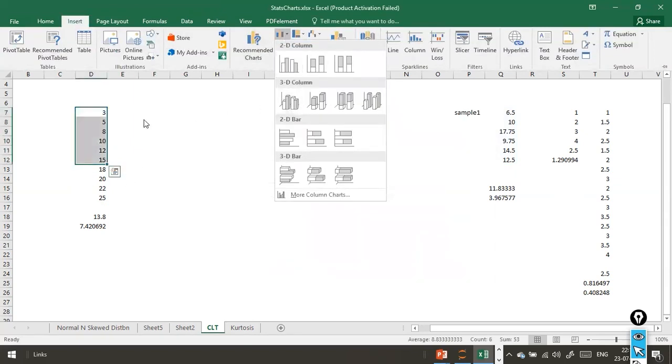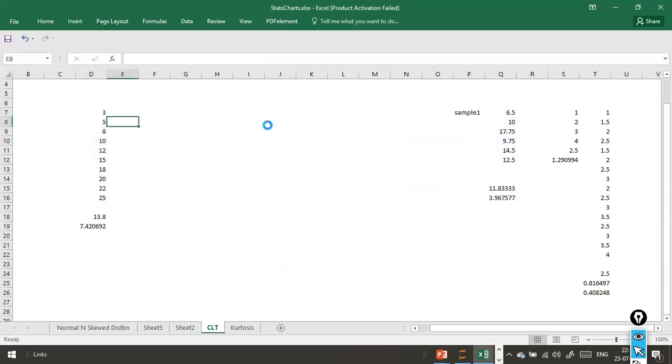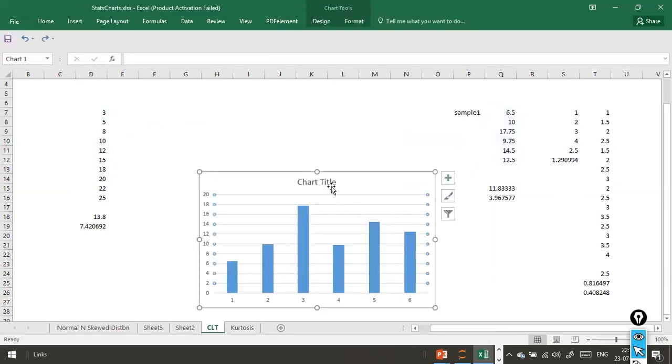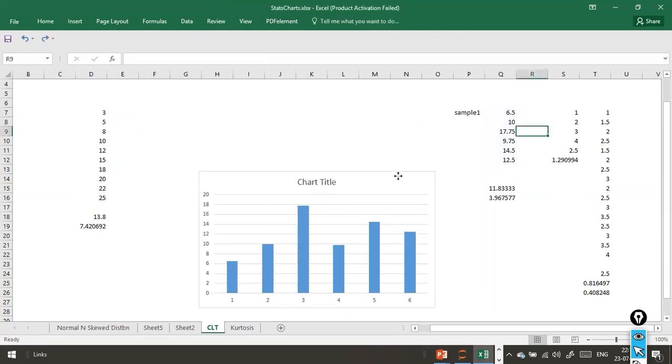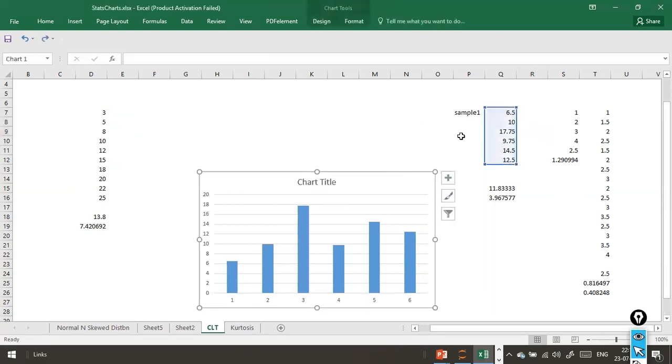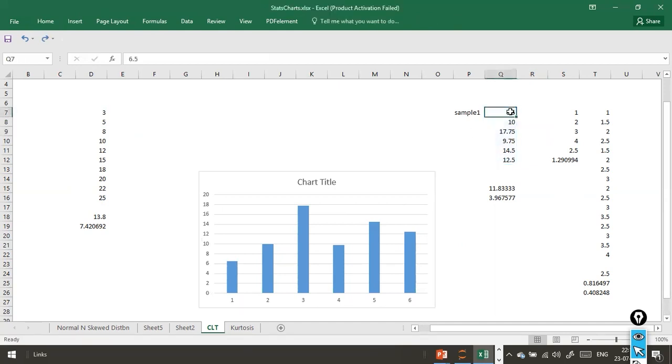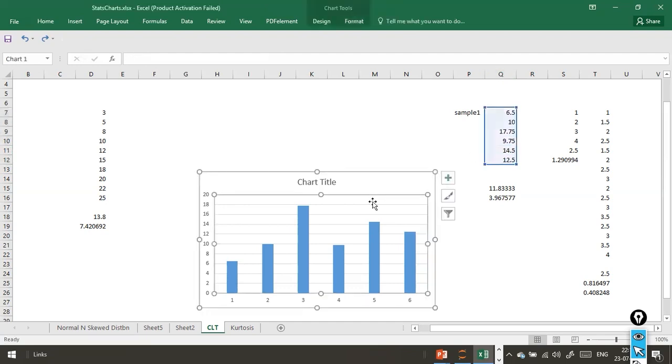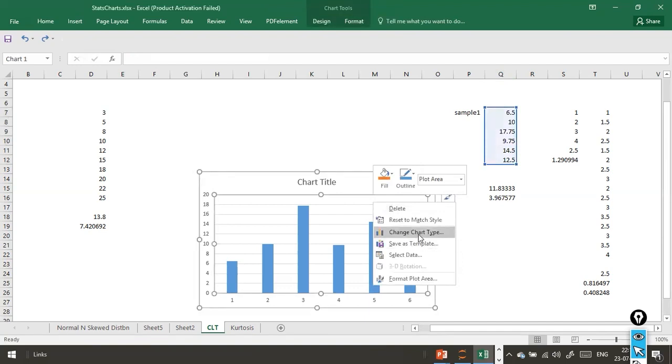What is wrong with this? It was showing correctly here. Okay, I have taken from here, not this one. 6.5 and 10, 17.75. I think in this case, I've taken the data from here.